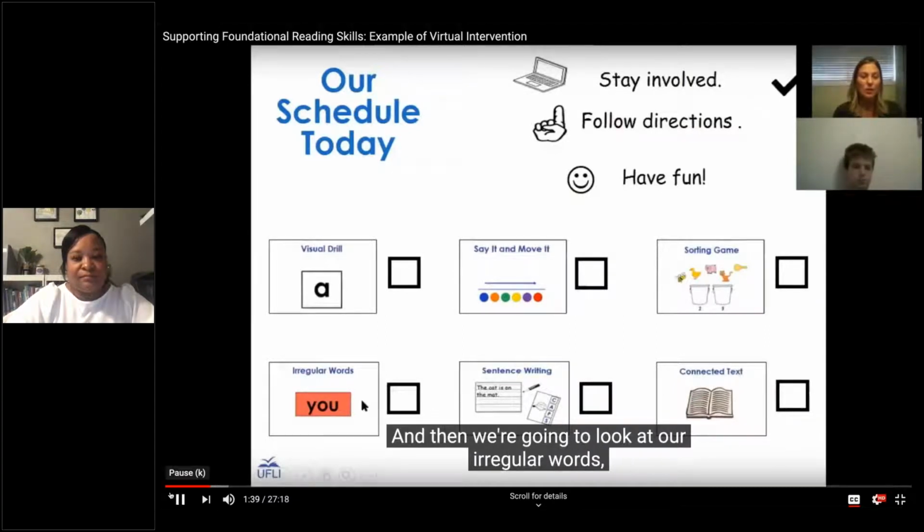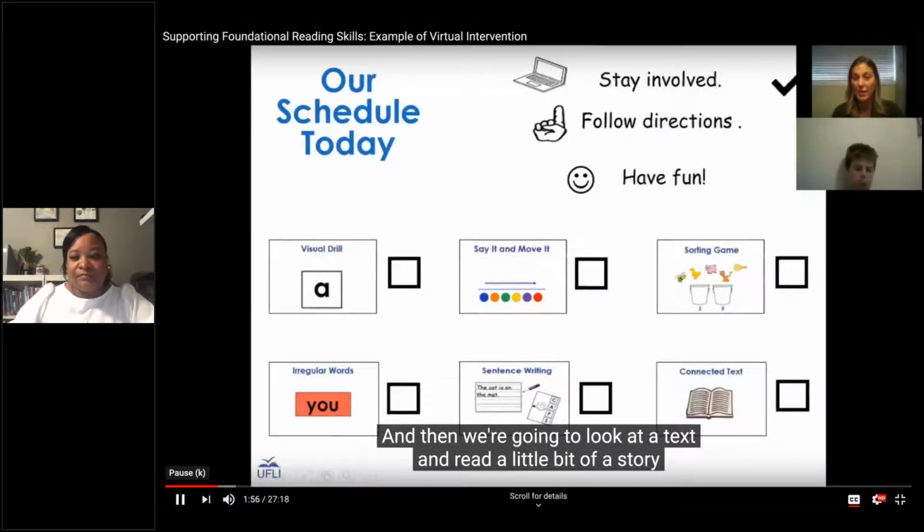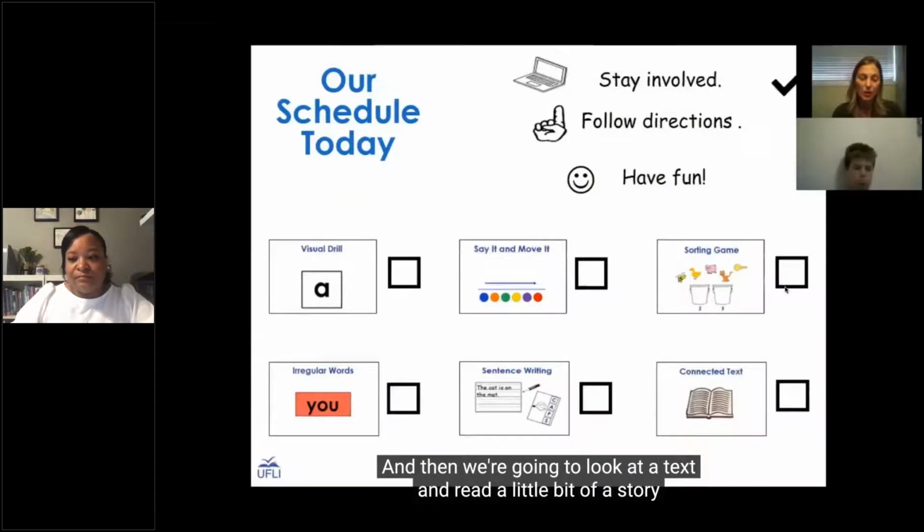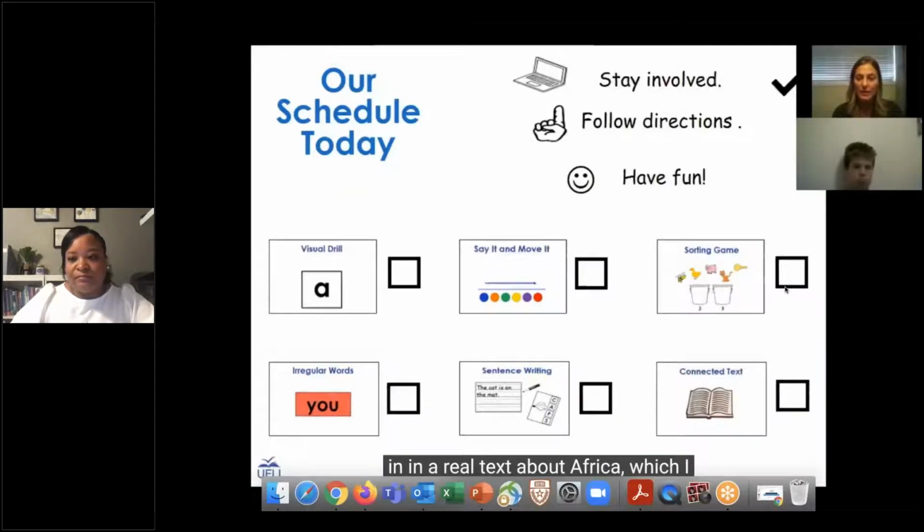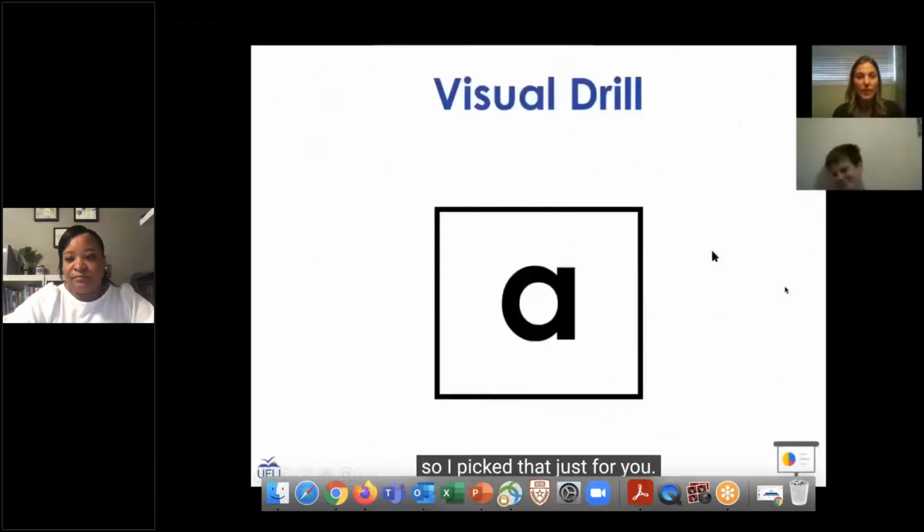And then we're going to look at our irregular words, where we just say them as fast as we can or read them. And then we're going to do some sentence writing. And then we're going to look at a text and read a little bit of a story in a real text about Africa, which I know you really like. So I picked that just for you. Okay, so let's get started. Let's go through our visual drill. So can you see that letter?